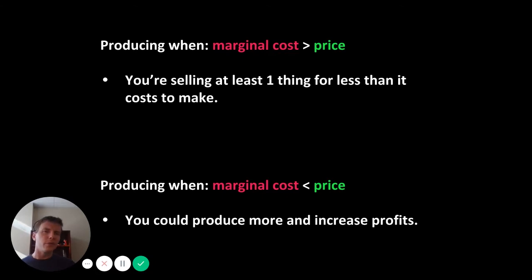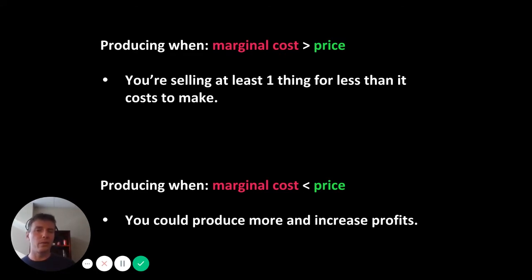We have a couple of different rules here that we want to follow, some heuristics that would allow us to make optimal production decisions. If we are producing at a level where our marginal cost is greater than the price, that means we're making at least one thing and selling it for less than it costs to make.